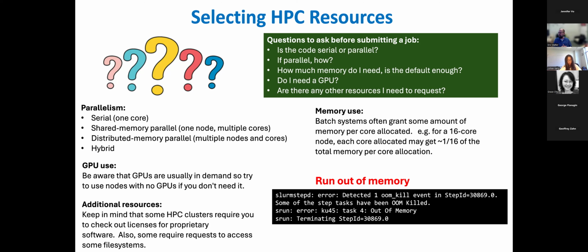That's just a simple way of doling out the memory. But you may be in a situation where if I run a serial job, I need more than that default amount of memory. Sometimes you'll see a run out of memory message, the infamous OOM message, and it means you didn't request enough memory. That job needs more than the default, and you can simply pass that in on your batch script, which we'll talk about in a moment.